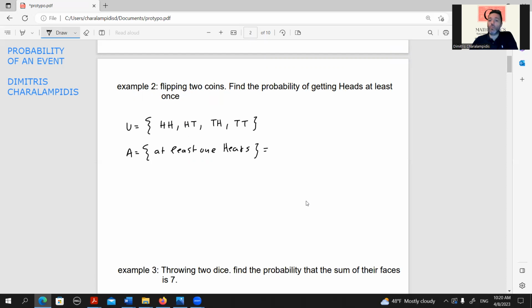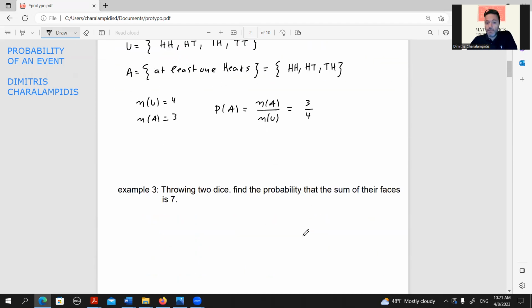This is why the universal set is important, because all outcomes are taken from it. At least 1 heads will include heads-heads, heads-tails, and tails-heads. So the cardinality of U is 4, cardinality of A is 3, and therefore probability, which is defined as the cardinality of A over the cardinality of the universal set, would be 3 over 4.